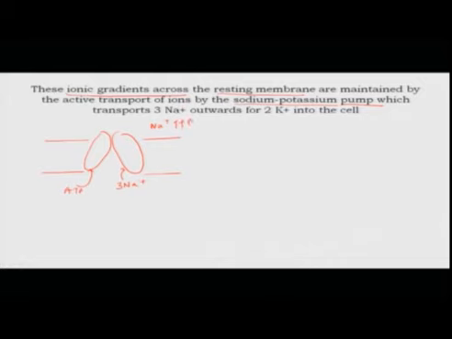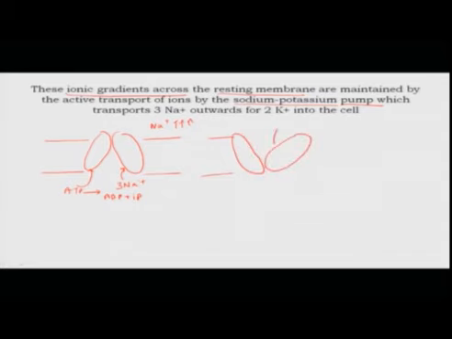So, it has to use ATP or energy to transport them against the concentration gradient. As soon as the ATP is hydrolyzed to ADP and inorganic phosphate, this energy changes the conformation of the protein and it now opens towards the outside.